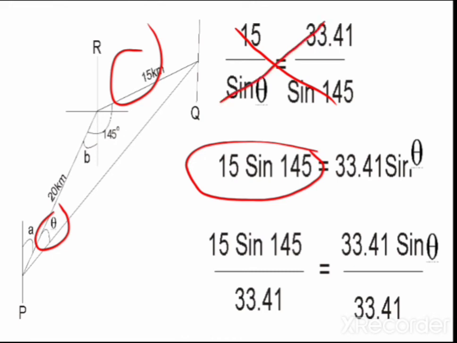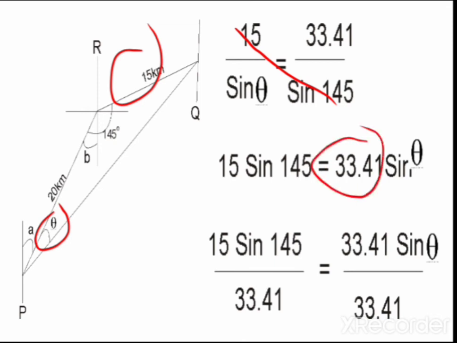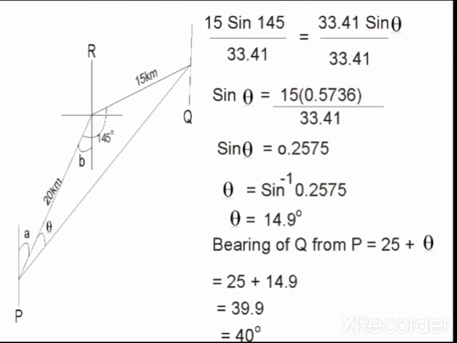We are looking for theta. So we eliminate the coefficient of sine theta, which is 33.41. We divide both sides by 33.41, and what we have left is sine theta. Then sine 145 is 0.5736, times 15.